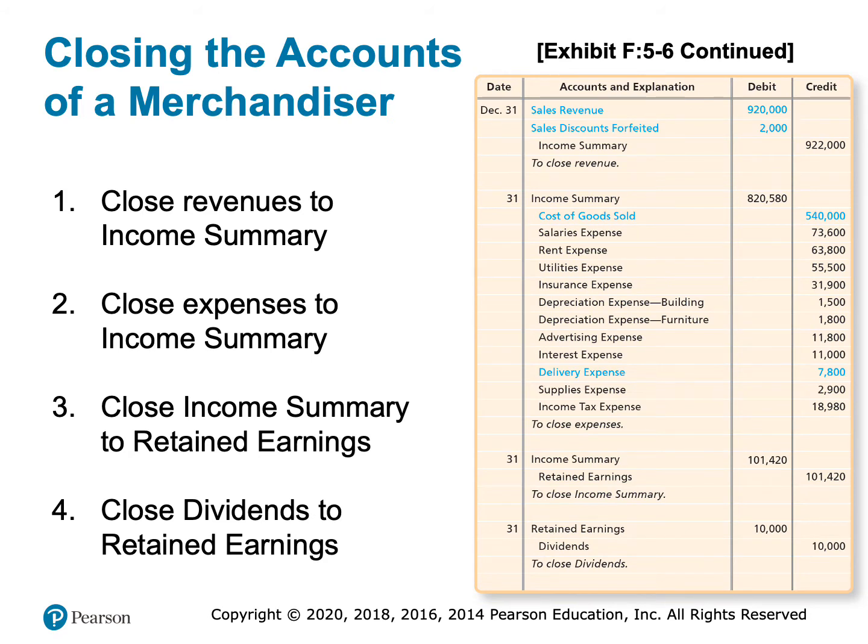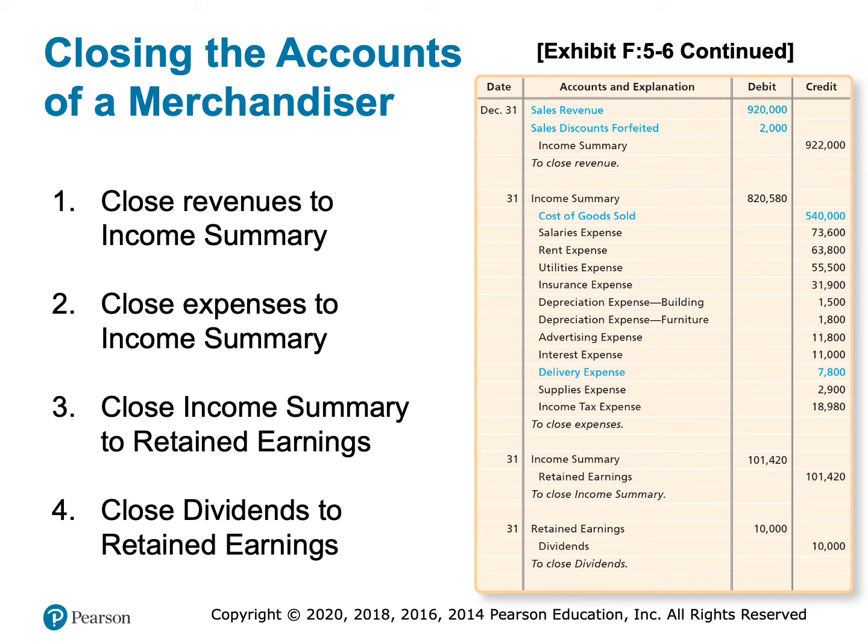So for our closing entries, when we close revenue, we're going to debit sales revenue, but we also want to debit that sales discounts forfeited account. Remember, that is an interest revenue account, so it needs to get closed out also. And when I credit all of my expenses, I want to not forget to credit delivery expense, which is probably a new expense, and cost of goods sold.